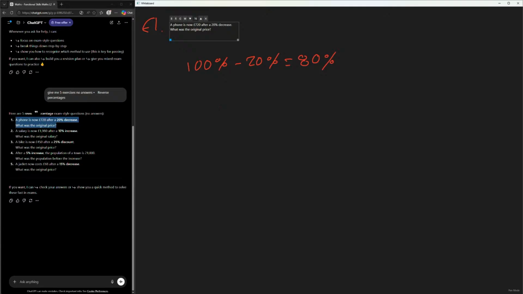I need to say it. I remember it was a number and then that number. A phone is now 720 pounds. We have 720 after a 20% decrease.